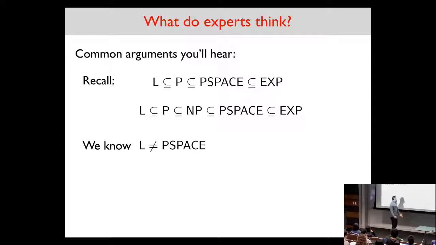Okay? So then you can say, well, why not? Maybe the one that's not equal is P and NP. But also look at the following. We also know that P is different from EXP by the time hierarchy theorem. And that means that either P is not equal to NP, or NP is not equal to PSPACE, or PSPACE is not equal to EXP.